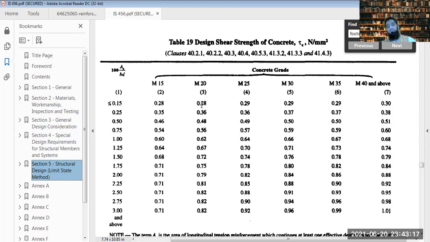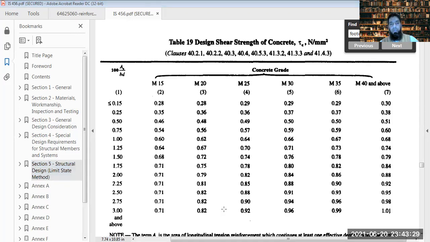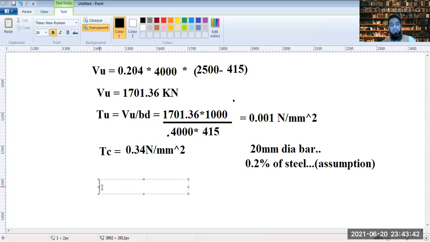Let's be on the higher side at this stage. So this is 0.034 Newton per mm square. Now you already are seeing that tau u is quite less than tau c.